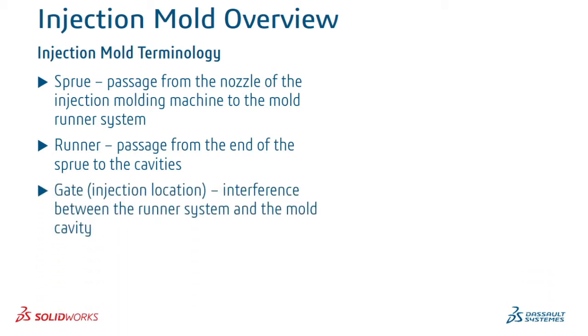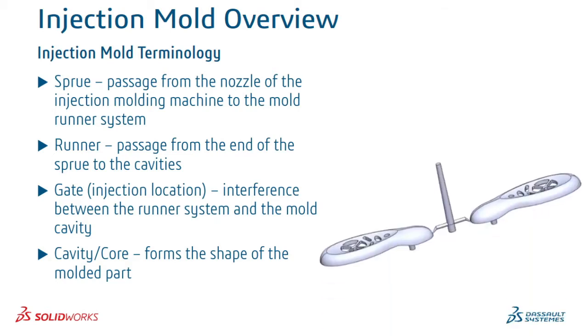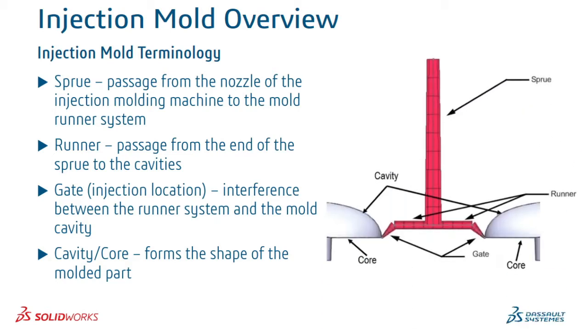Gate is the interface between the runner system and the mold cavity. And finally, we have the core, which is the actual net shape of the molded part. So this is a pictorial representation just to brush up your knowledge. The sprue, from where the actual molten plastic enters, then we have the runners, then we have the gates, and finally the cavity, which is the net shape of our plastic part.